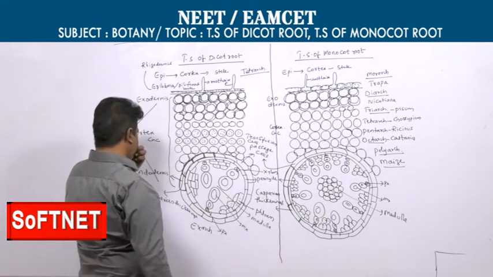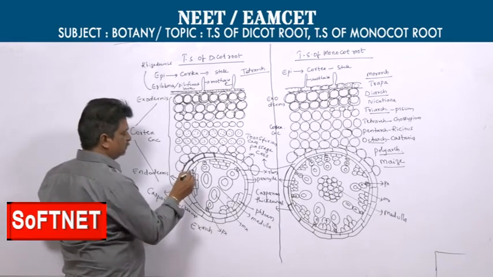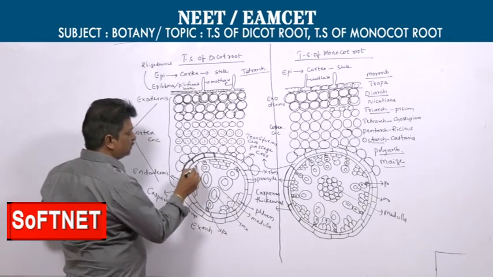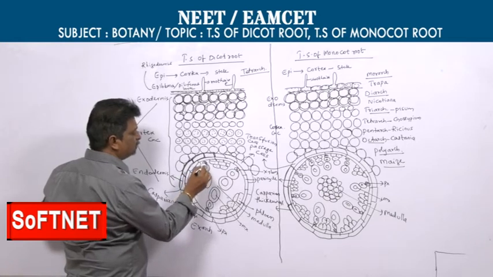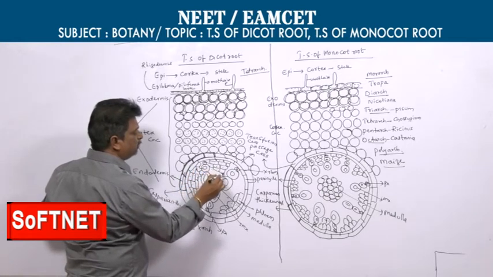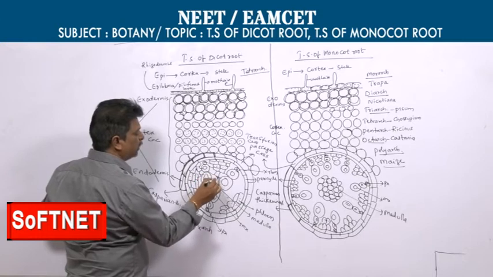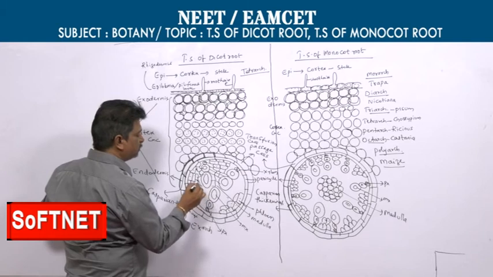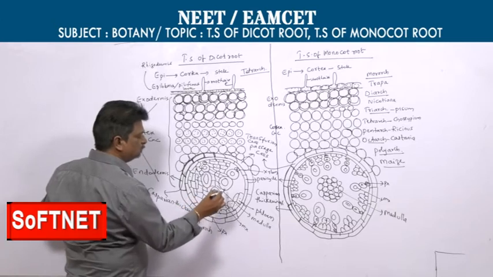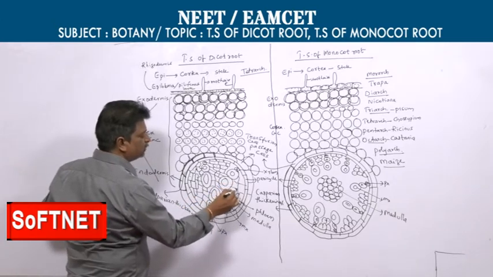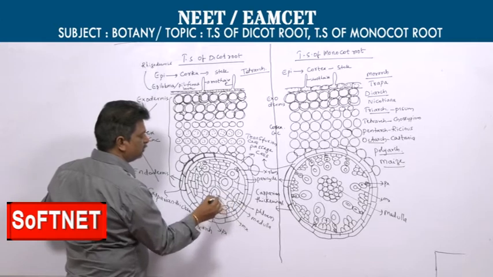Then next, root character: these vascular bundles are connected by parenchymatous cells, called conjunctive tissue.